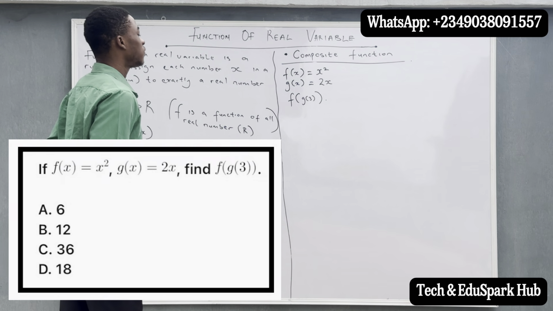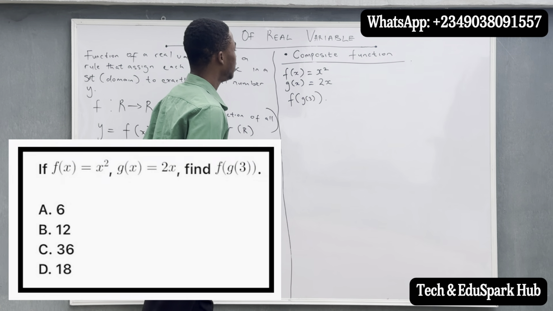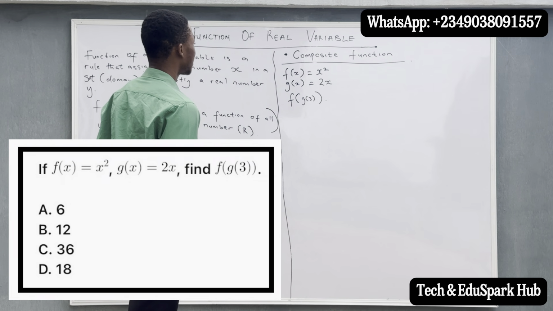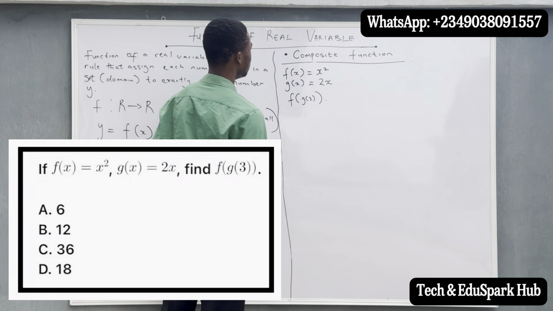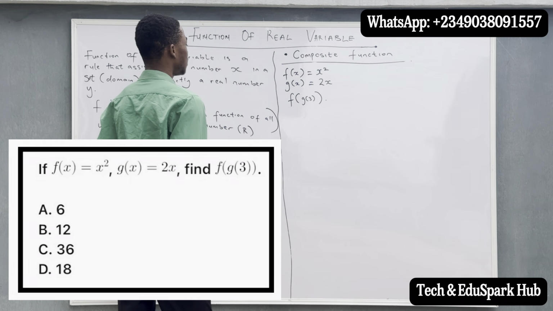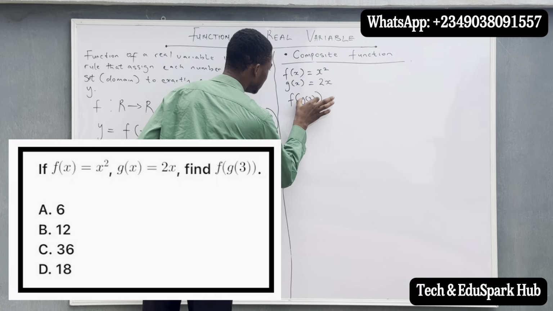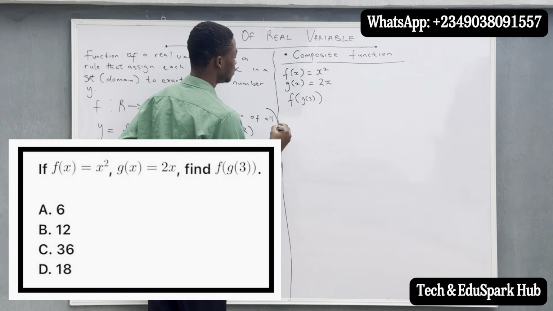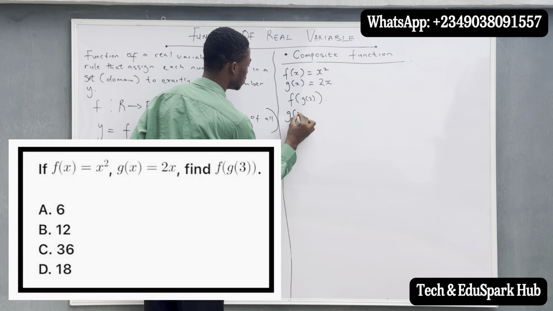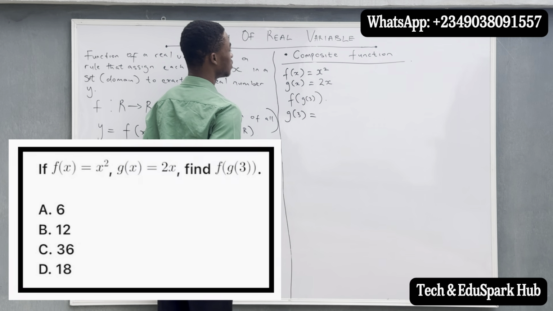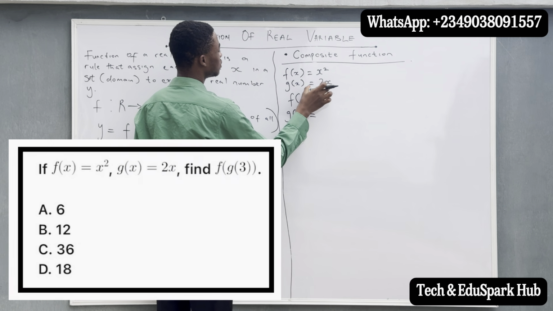So how do we solve question of this type? This question is easier to solve because you can just visualize what is going on in this question. And in order to visualize this, let's just pick what is in this bracket first, which is g of 3. So remember that g of x is 2x.